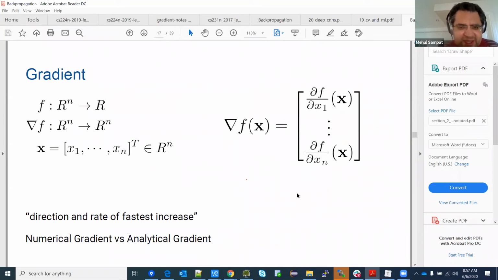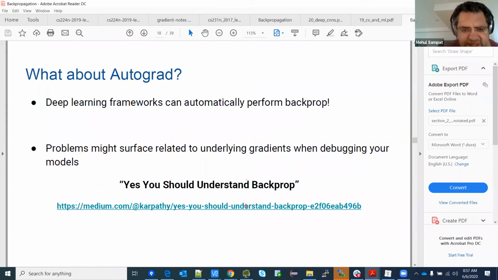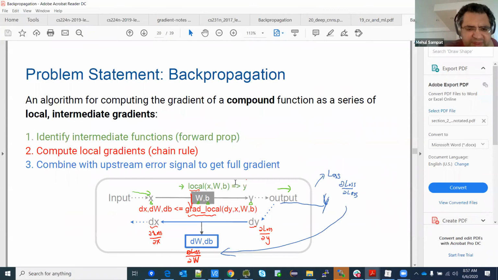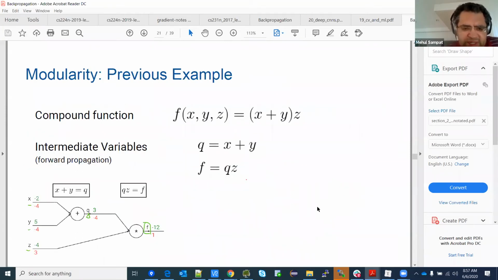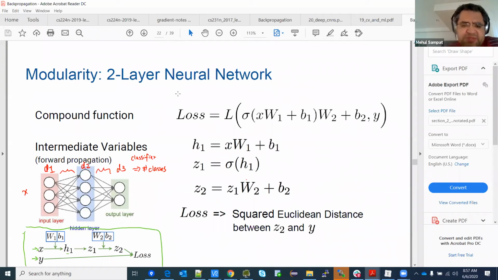And from here it gets into the gradient being basically the direction and rate of fastest increase. Look at this, this was really nice. They tell us how you do it with matrices and vectors, and go through it quite nicely, especially with this 2-layer neural network.